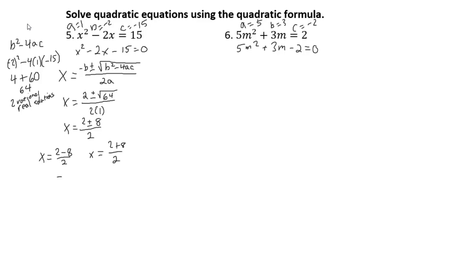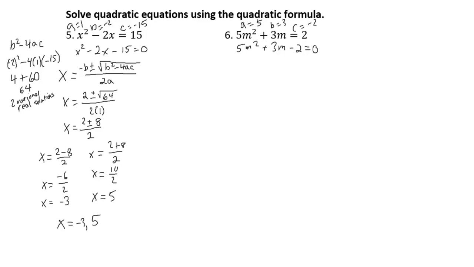So 2 minus 8 is negative 6 over 2, which gives us negative 3. And then x equals 2 plus 8 is 10 over 2, so x equals 5. So we get x equals negative 3 and 5.